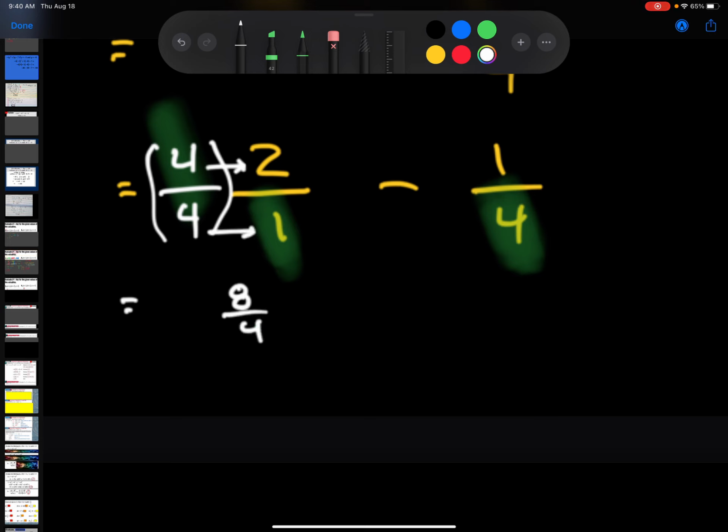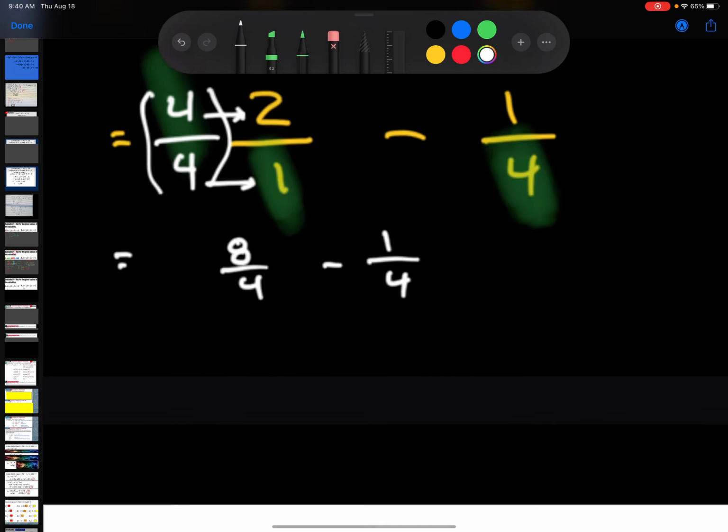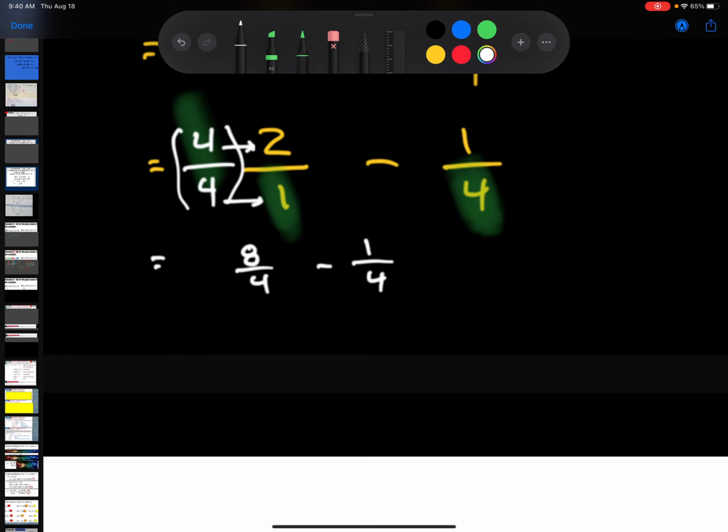There you go. Now are the denominators the same? Do we have a common denominator? We do. So now you can do something like this. 8 minus 1 over 4. And class, 8 minus 1 is? So our answer is 7/4.